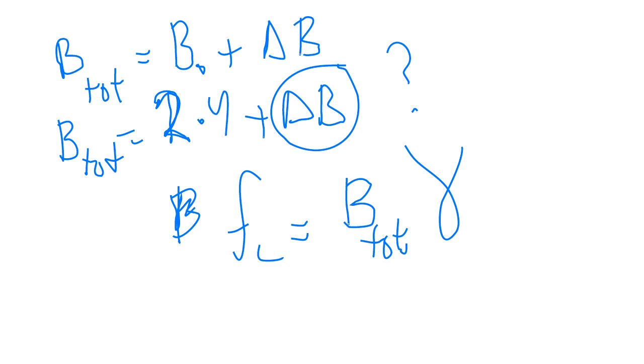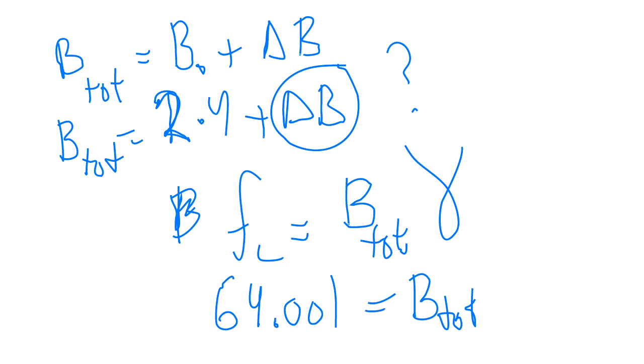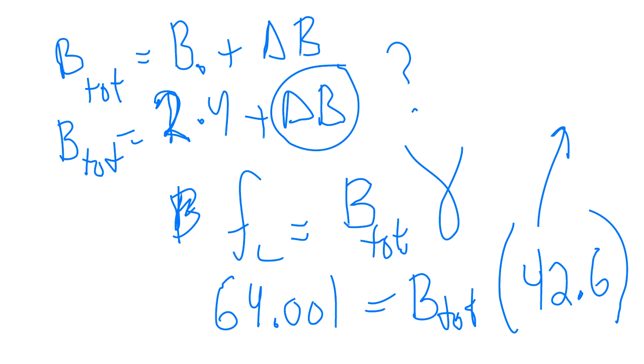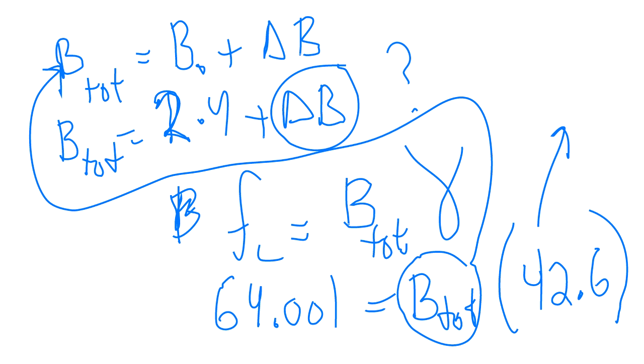For example, if I take the first one, 64.001 is equal to B total multiplied by gamma, which is 42.6, I think. Anyway, gamma for hydrogen, we know it. From here I can calculate the total and then substitute it, and from there I get my delta B, and that's the gradient field.